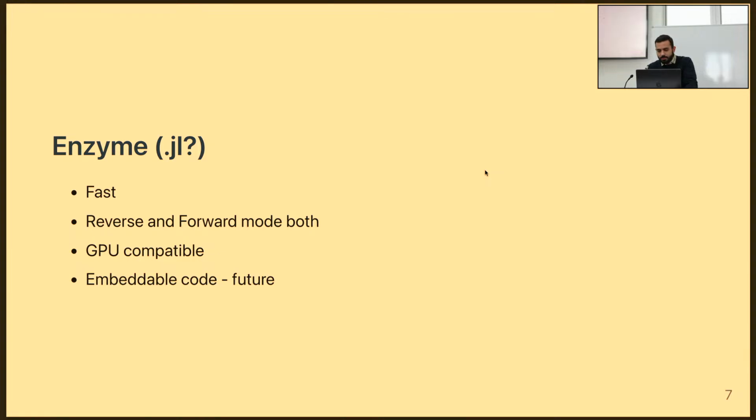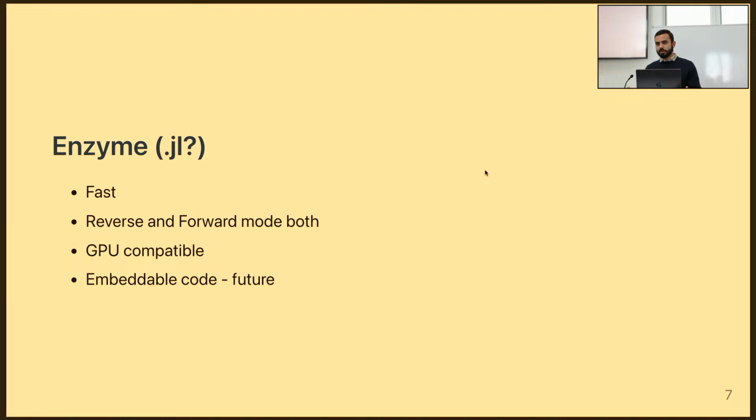Cool. So why do we like Enzyme? Why is it an option? Well, Enzyme has this promise of being very fast. It's working at the LLVM level. It should be able to do a lot more optimization of the code to make your optimization problem faster. And the other thing I just mentioned, having both reverse and forward mode in one package is very beneficial to us, especially in the case I already mentioned, but also when you're thinking of higher order derivatives.